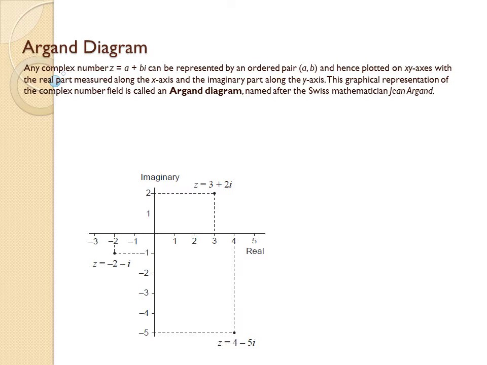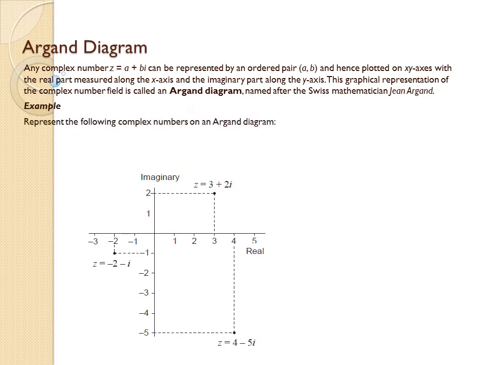I know that the first quadrant is plus plus, the second quadrant is minus plus, the third quadrant is minus minus, and the fourth quadrant is plus minus. So in this way we know. I will put some expressions over here, then the concept will be clear to you.